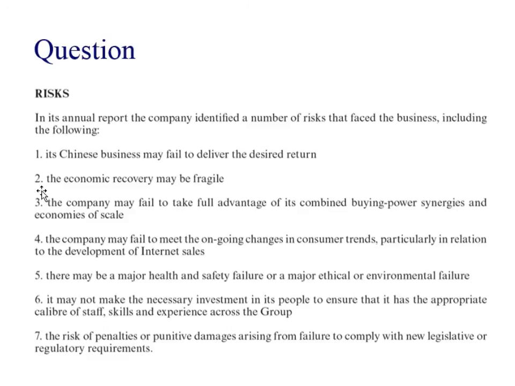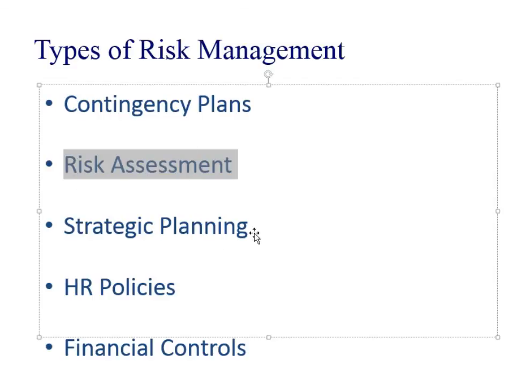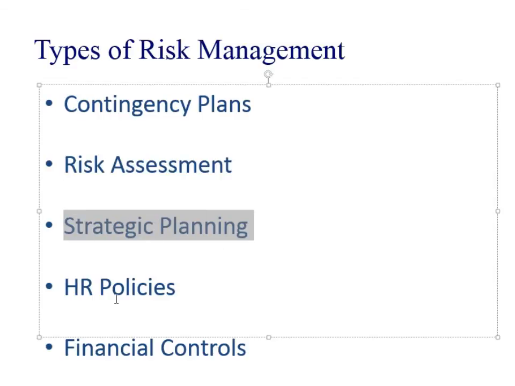So this is talking about B&Q, this company Kingfisher that own B&Q, and it says its Chinese business might fail to deliver the desired return. So if we're thinking back to types of risk management, you might want to do a risk assessment on that. You might want to do some strategic planning, some SWOT analysis to make sure that it is the right move for you.